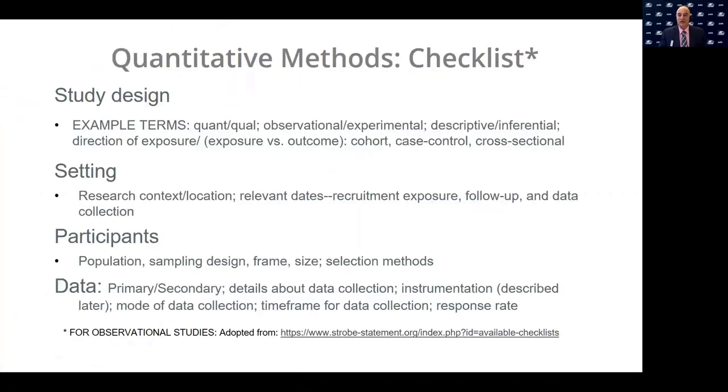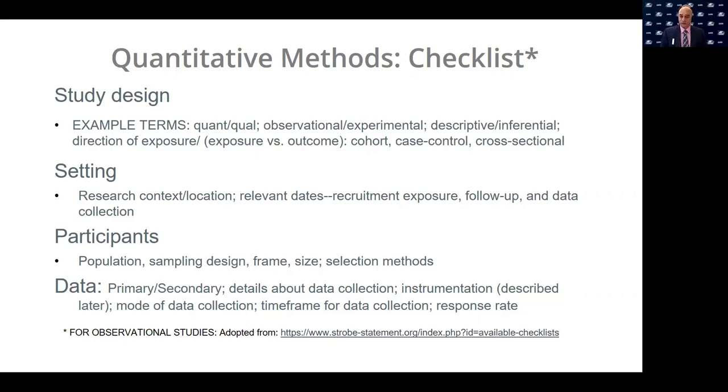Okay, so let's talk about study design first. I will not be able to give you a full description of all aspects of study design, but here are some examples.